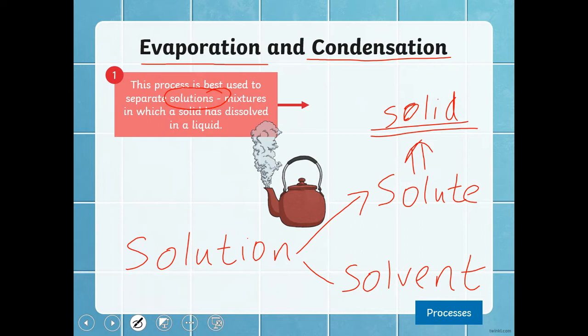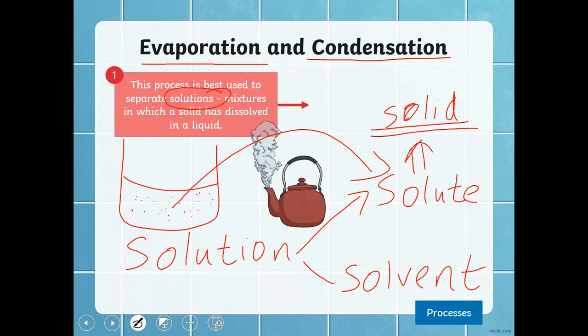So in the case of a solution of, say, sugar and water, you have water and you have these sugar particles. The solute is going to be these sugar particles. These are the things that are going to be dissolved. And the solvent is usually the liquid part. In this case, it'll be the water.